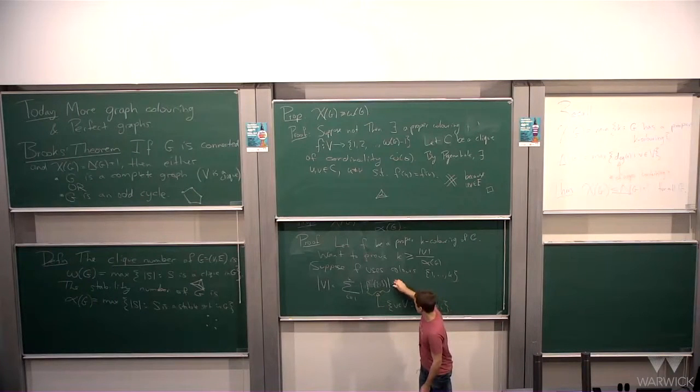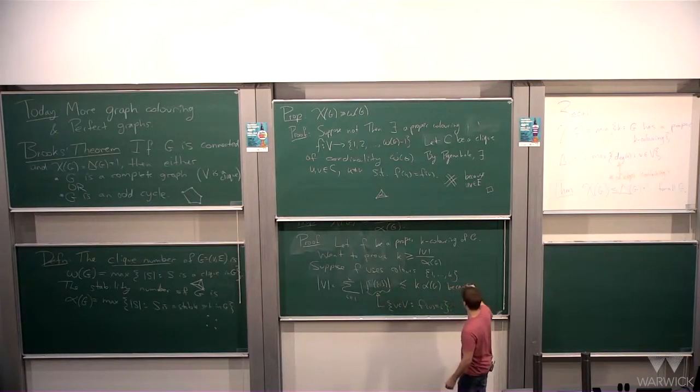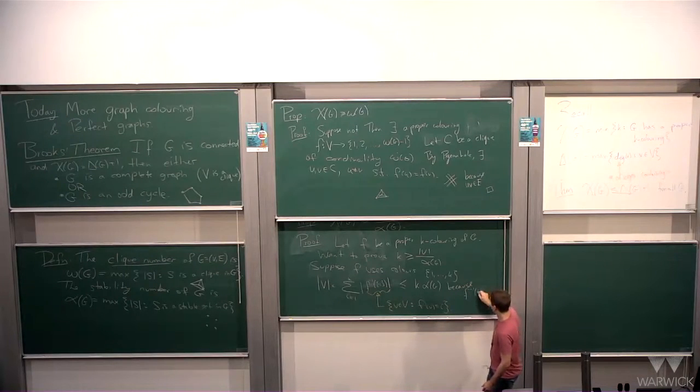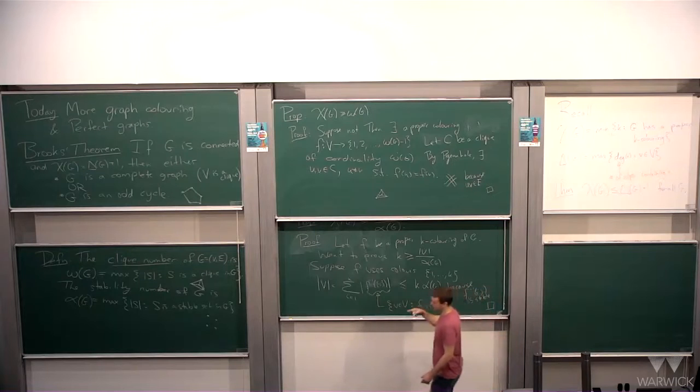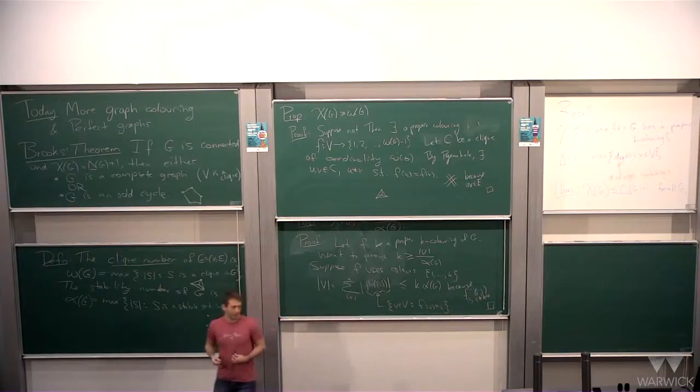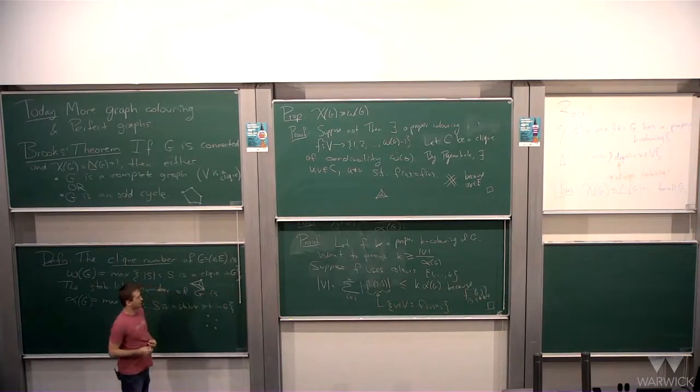So this is a stable set, and so the sum is at most K times alpha of G, because the inverse image of I is stable. Now if you divide both sides by alpha of G, you see that we've proved what we wanted. Any questions about this?